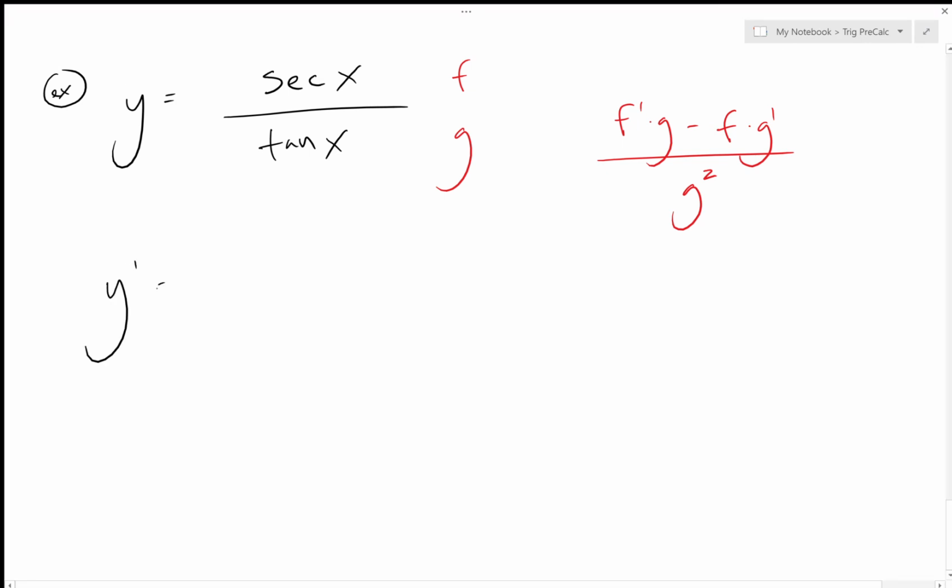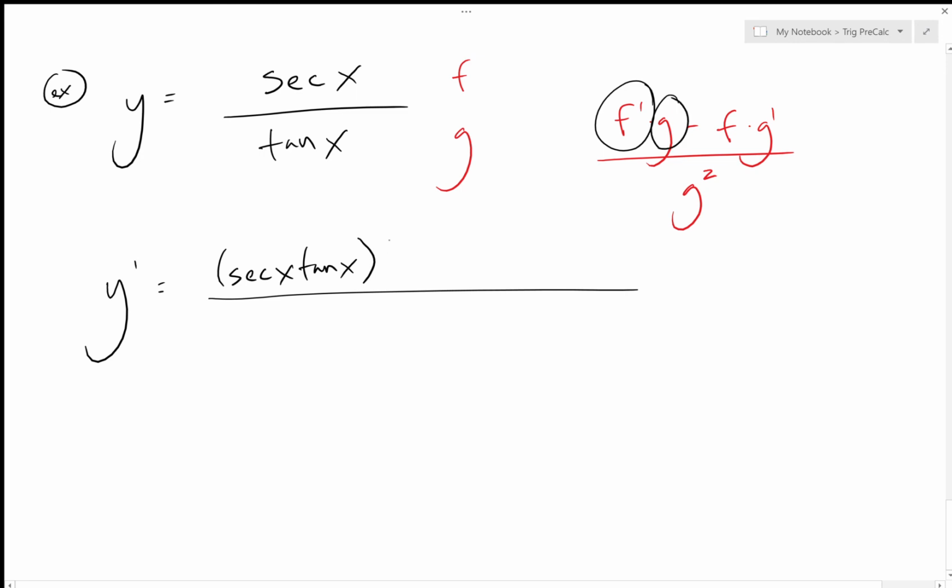So y prime equals, I want the derivative of f, so the derivative of the top, the derivative of secant. If we look back at our original day, when we did derivatives, the derivative of secant is secant x tangent x. All right, there's the derivative of f.